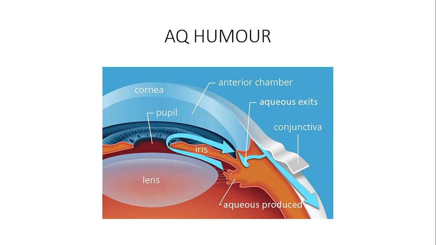Number 2, it gives nutrition to the avascular ocular structures. For example, the crystalline lens here is avascular, so the aqueous humor gives nutrition to it. Again, look at the posterior surface of the cornea.